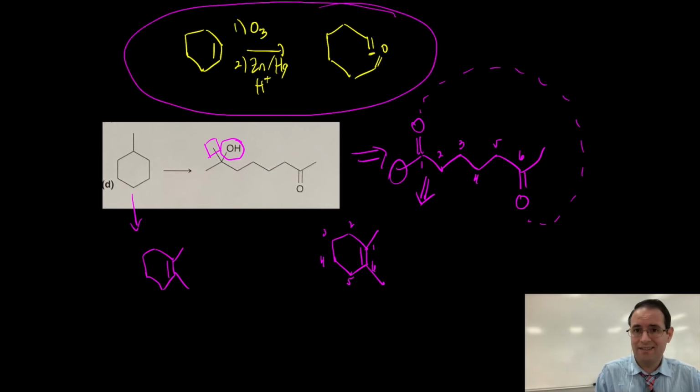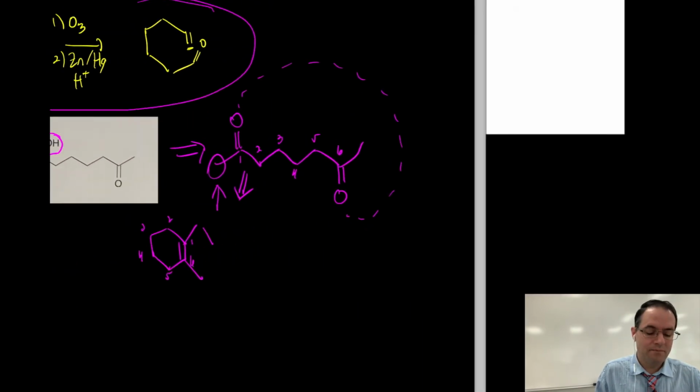You should recognize that's a way to break open a ring. And now the problem becomes, how do I go from here to here? And then how do I put on, you know, a methyl group or something, right? How do I get this boxed methyl group onto that ketone? Okay, so this is an incompletely solved problem, but you can think about that.